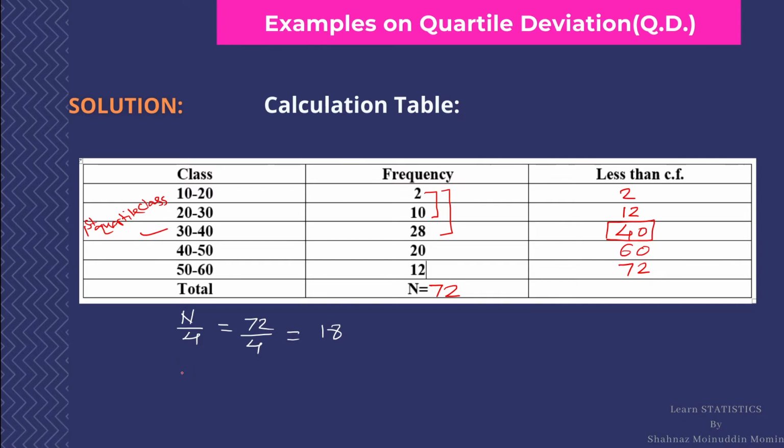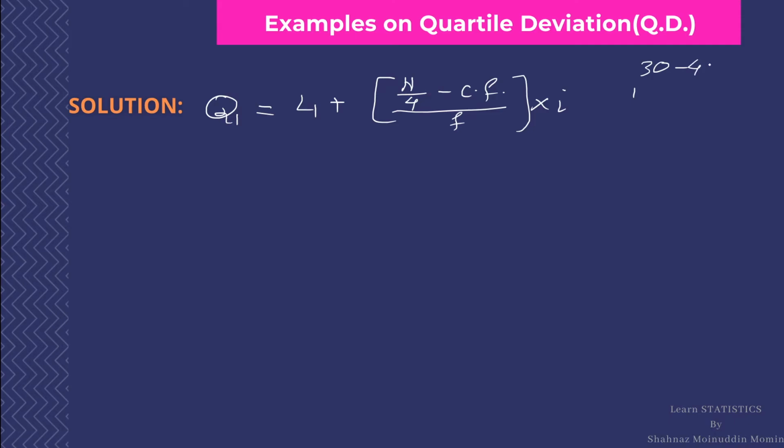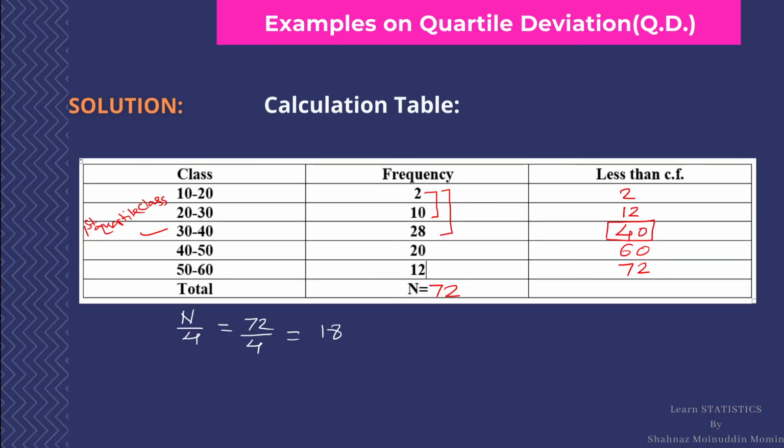Now use the formula of calculating the first quartile as Q1 is equal to L1 plus n upon 4 minus Cf divided by F into I. Here the first quartile class is 30 to 40, where L1 is the lower limit of the first quartile class, that is 30, plus n upon 4 is 18, minus this Cf is the less than cumulative frequency of the previous class, means the class of 20 to 30, and it has less than cumulative frequency 12.